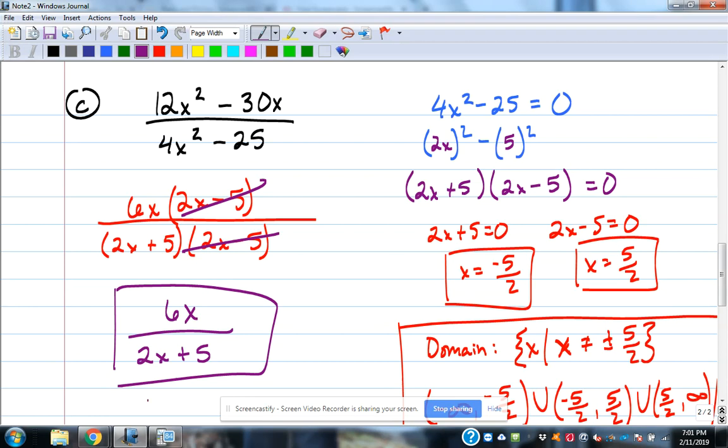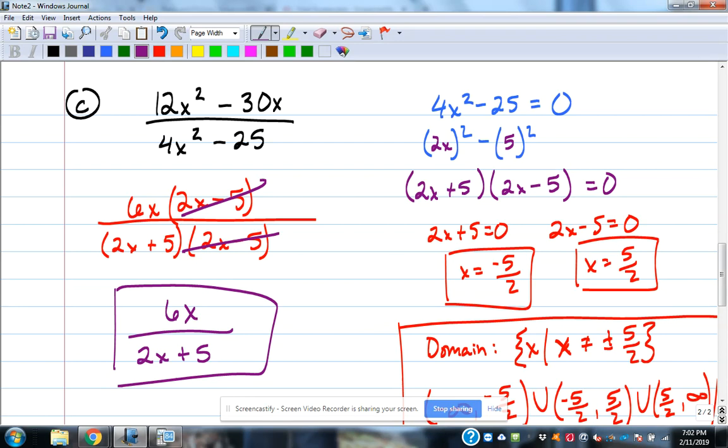So again, the denominator set equal to 0. We're going to try to use factoring to solve those to help us find the domain. The reason we're using factoring is because it's going to help us simplify. So always, to find the domain, you're setting the denominator of the original problem equal to 0. Try to use factoring to solve it because that's going to help you simplify later on.